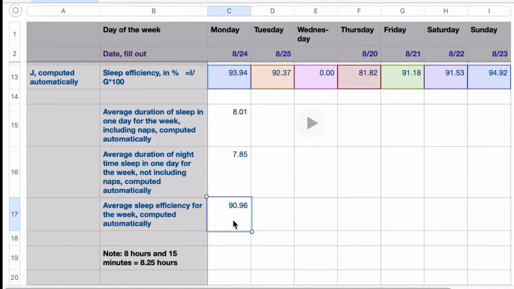And let us notice here that the last three numbers, the average duration of sleep in one day, including naps, the average duration of sleep in one day, not including naps, and the sleep efficiency, each one of those three numbers is computed automatically in the Excel file. And this is how you can keep a sleep log. It's not that difficult, right?